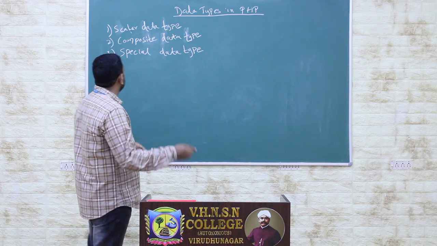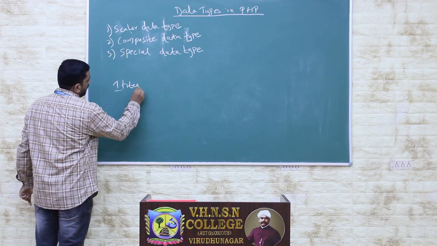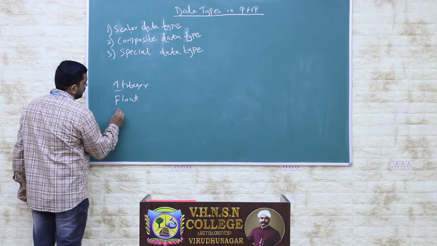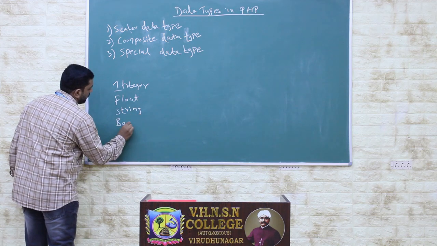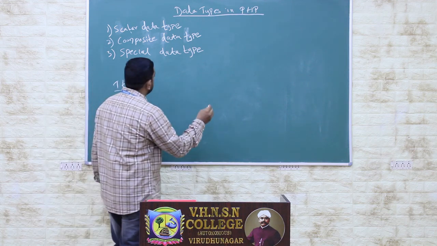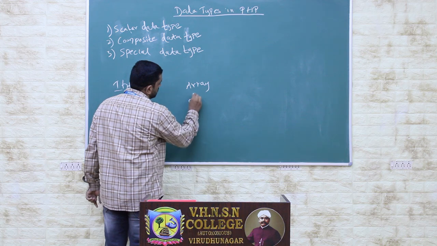Scalar data types include integer, float or double numbers, string, and boolean. Composite data types are array and object.